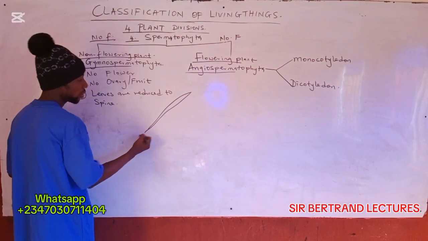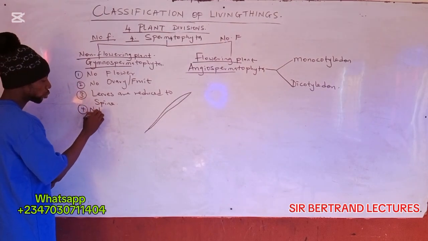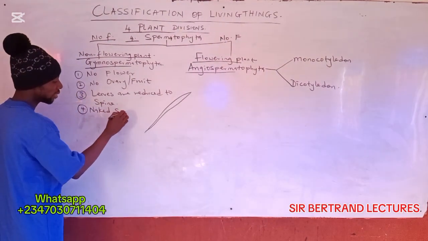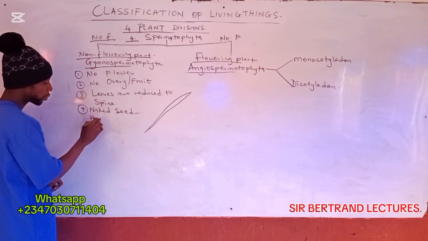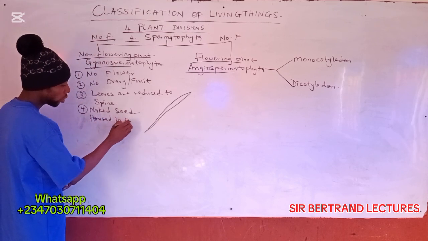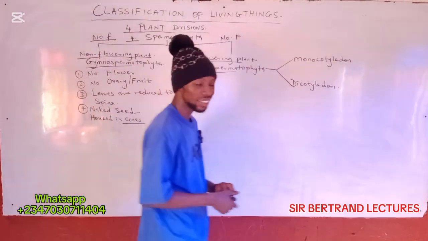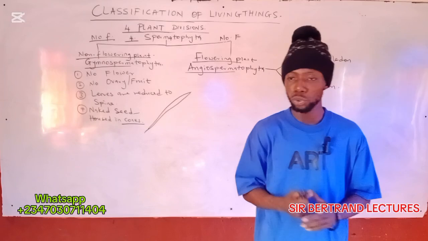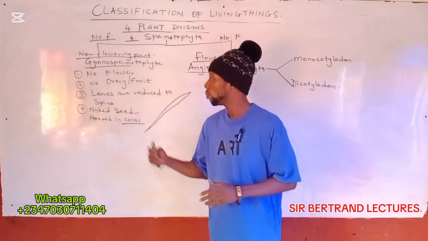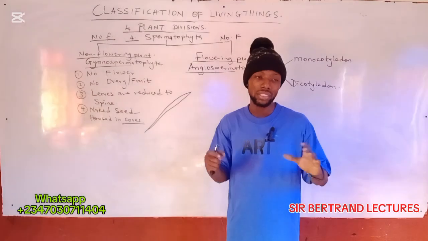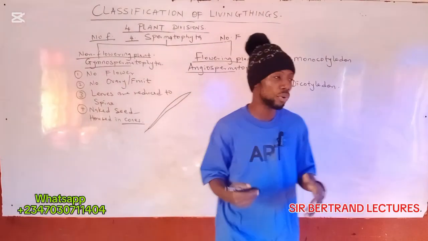Then number four, they produce naked seed, and these naked seed are housed in cones. They bear naked seed in cones. Because of the absence of ovary, they don't produce seed housed in the ovary.